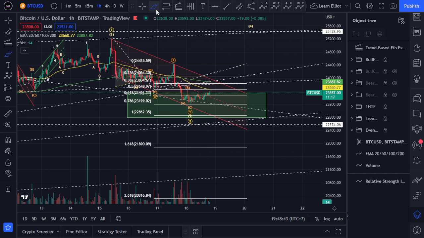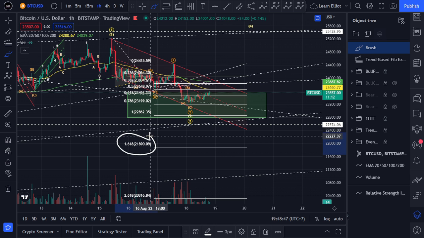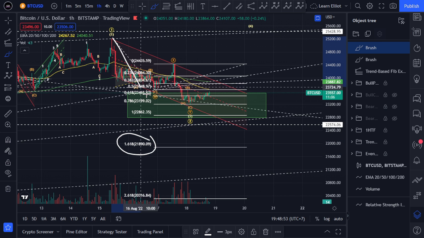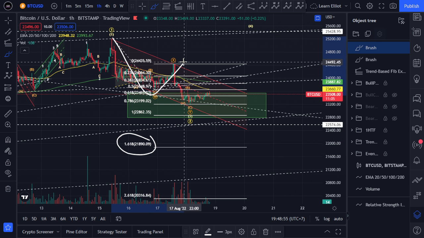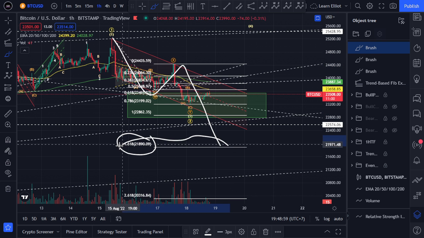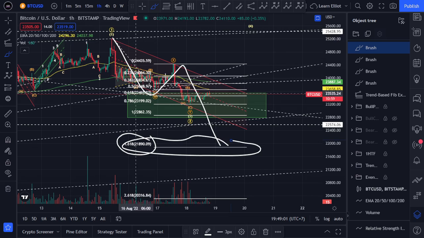The ideal target of our Y wave here will be somewhere around 21,800. So assuming that this is the A, the B around here, and C might be somewhere around here, it will be the ideal target for the corrective pattern.